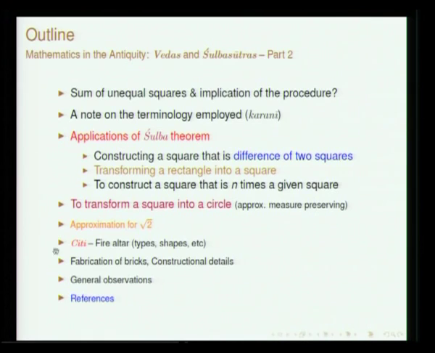One way is of course to geometrically find out the value of root 2. They have given certain expressions for root 2 in the form of a sum of rational numbers. All those things we will see today, how the Shulva Sutrakaras arrived at these values, approximations for root 2. Then towards the end of the talk, I will be discussing what are known as chitis. Chiti, as I was mentioning, is basically collecting things together, putting things together.